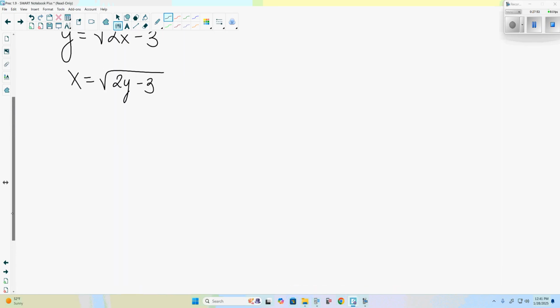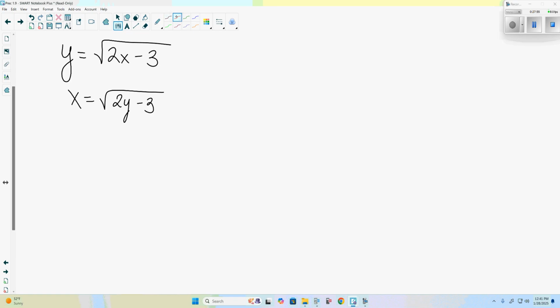Then we're going to solve for y. Now, the first thing we'll need to do is get rid of that radical. So we're going to square both sides. Because over here, the square root and square will cancel, leaving us with 2y minus 3 is equal to x squared.